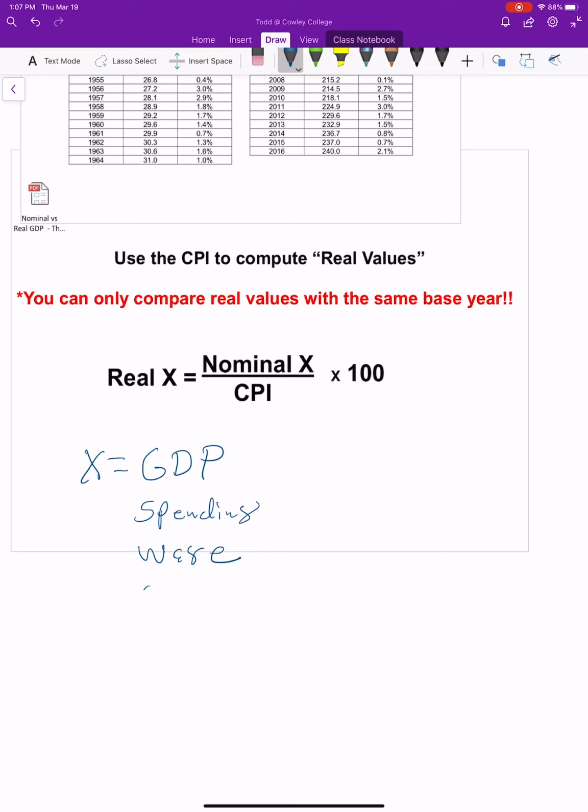You can convert nominal consumption, saving, and any other variable that you want to put into this equation, and it will convert it from a nominal over into a real value. That's what's really nice: you only have to have one equation to do all of these calculations.